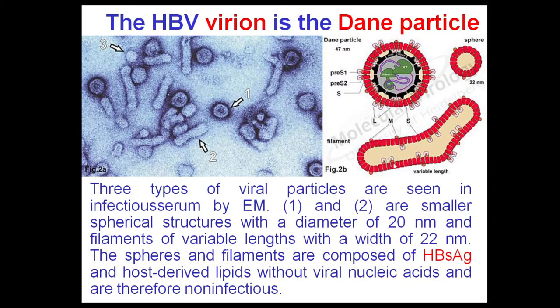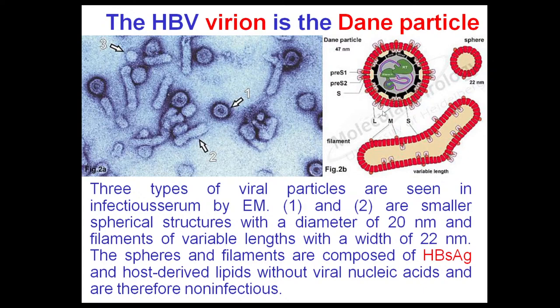They have a diameter of 22 nanometers, and these spheres or filaments are composed of hepatitis B surface antigen only, which is inserted into host cell derived lipid membranes. There are no nucleic acids inside, so it means these two types of particles are non-infectious.